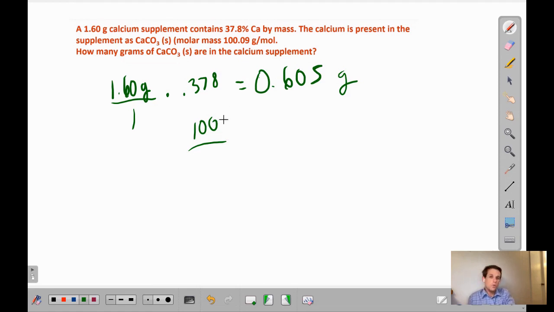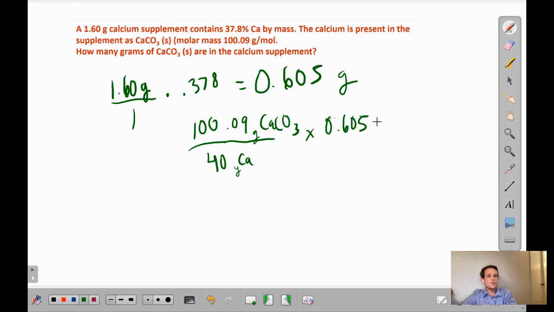So we take the molar mass of CaCO3, put it over the mass of just calcium, which is about 40 grams per mole, and multiply that by the number of grams of calcium we have. This proportion allows us to back-calculate how much calcium carbonate we have if we know how much calcium there is.